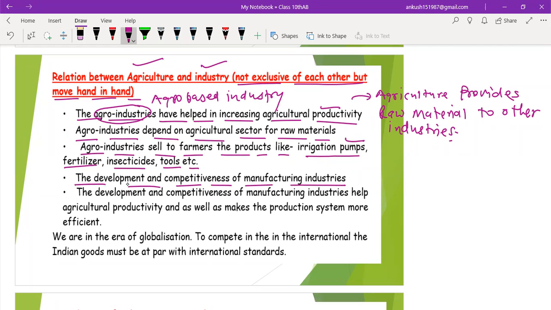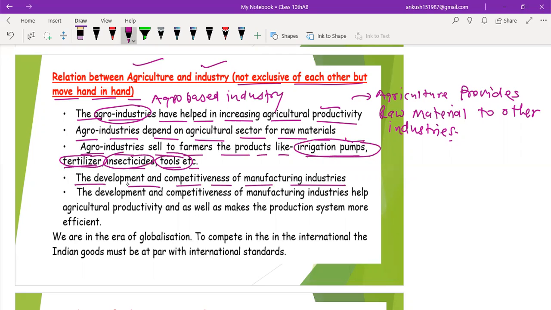Another relationship, the development and competitiveness of manufacturing industries. The development and competitiveness of manufacturing means in our country, not only in our country, but the countries across the world, they are having such kind of competition. Suppose one company is producing only irrigation pumps, so another company would only produce the fertilizers or insecticides or another tools which are used in the agriculture. Are you getting my point?